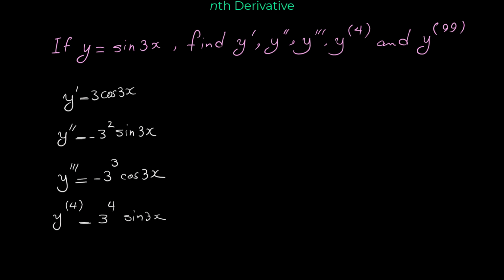So far, we know that if we take derivative of sine or cosine 4 times, we are back to the original function. So derivative of sine every 4 times is itself. So if we take derivative of sine 4 times, 8 times, 12 times, 16 times, every multiple of 4, its derivative is itself.